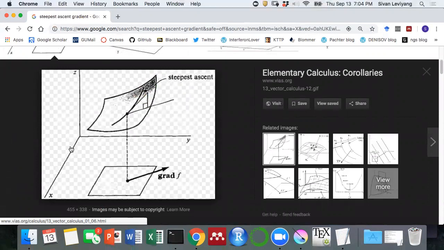The result is that if you walk along the gradient, then your function increases at the most rapid rate. If I move in this direction or this direction, I will increase, but relatively slowly. The direction of the gradient is the direction where the function increases the most rapidly. We'll show that in subsequent classes.